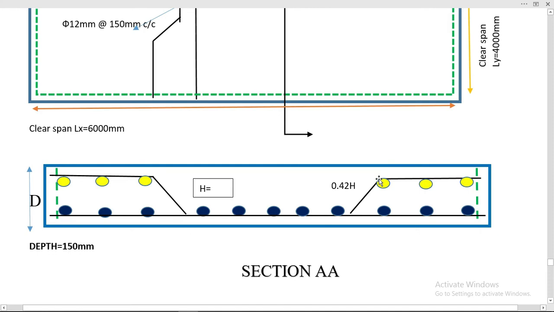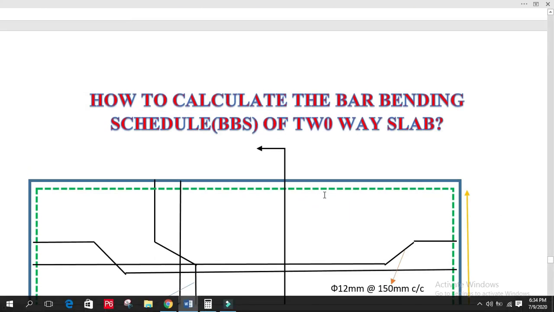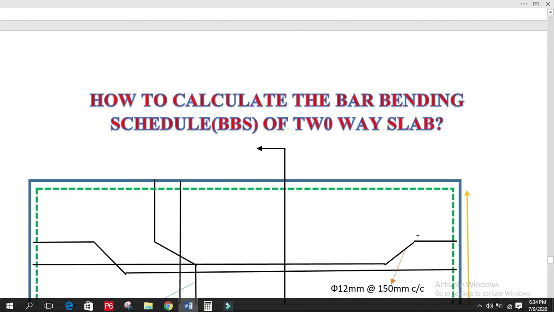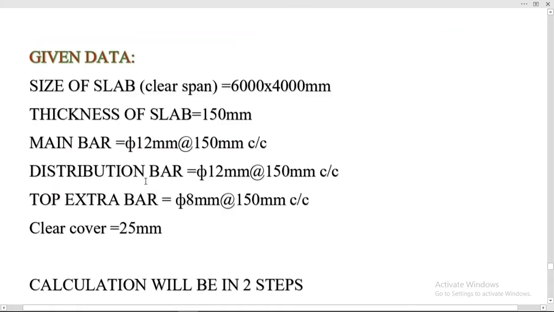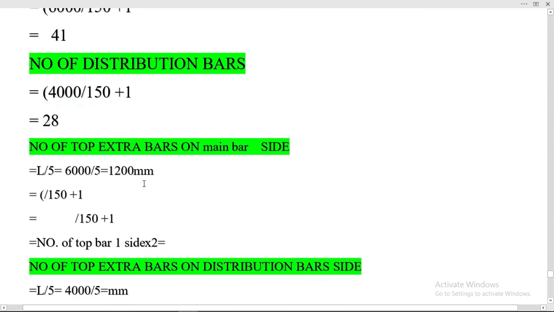We just calculated this length to provide the top extra bar on the main bar side, on this side here. Okay, we are just calculating at one bend. So then we will multiply with 2 to calculate on both sides.